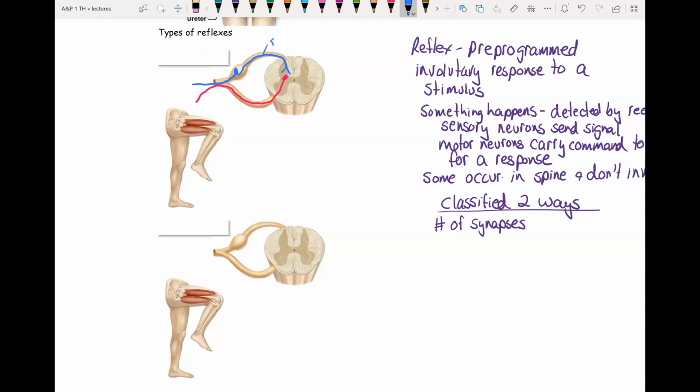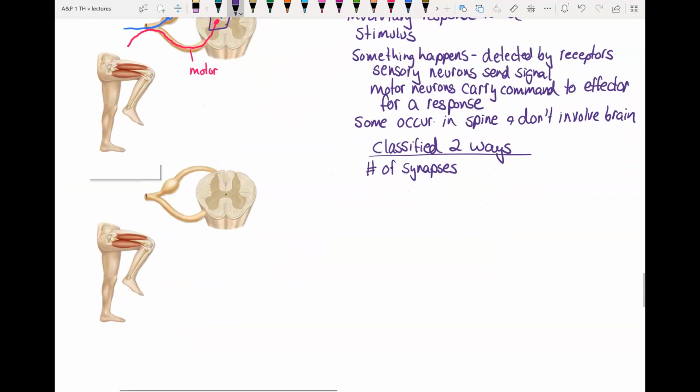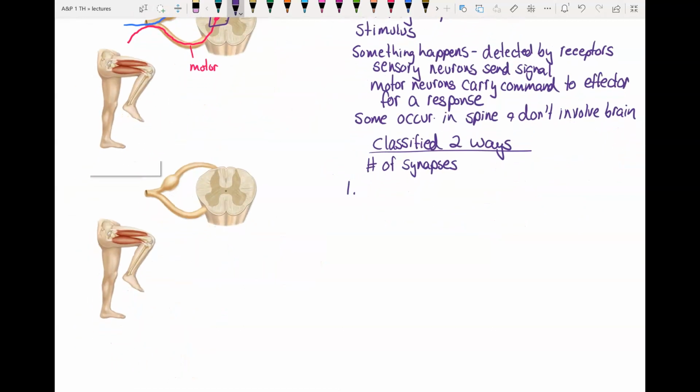So here is your sensory. Here is the motor. And you have one synapse right here. So that would be a monosynaptic. So the first type of reflex is monosynaptic.